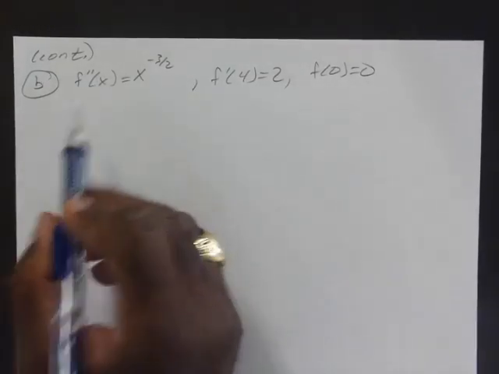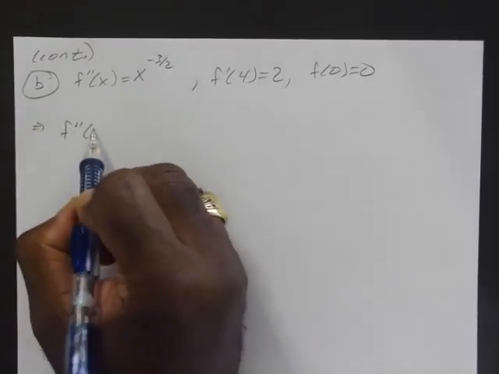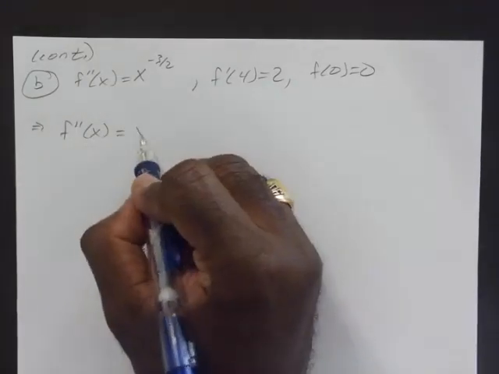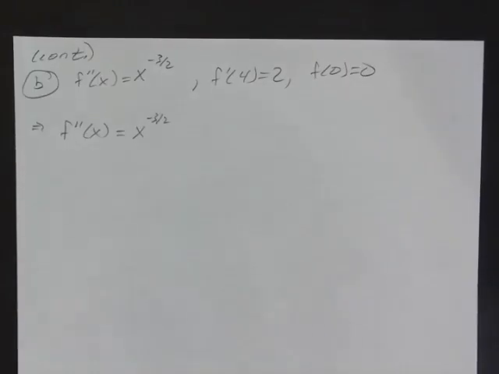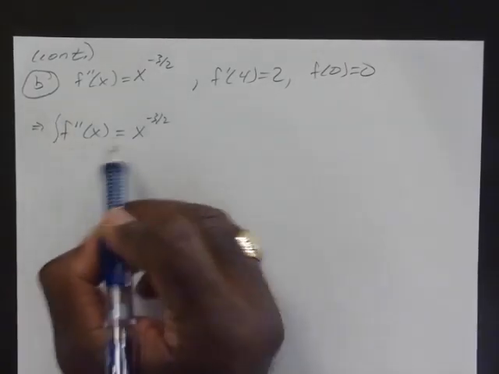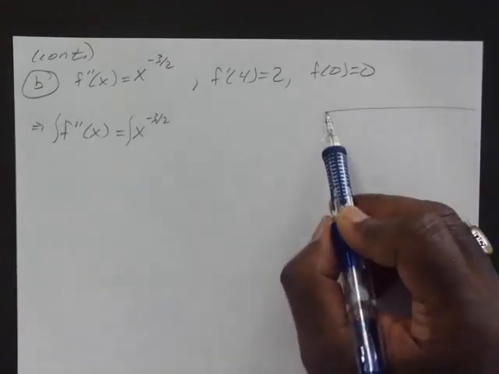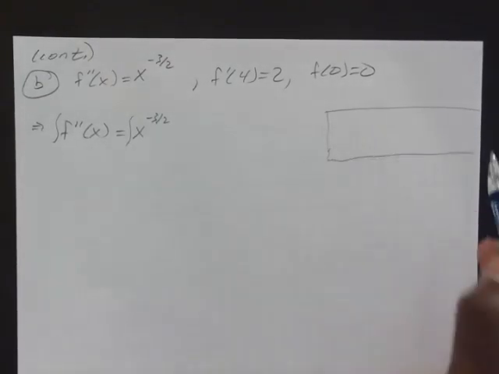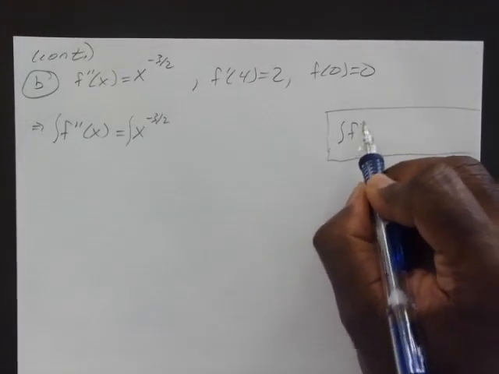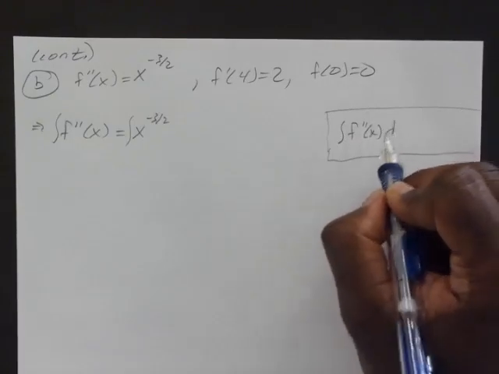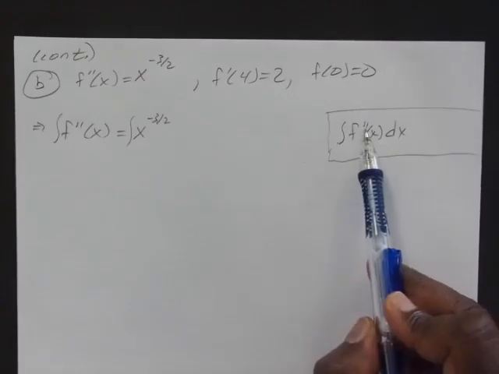Okay, so now, since we have the second derivative of x is equal to x to the negative 3/2 power, we're going to integrate both sides. With this one, what you have to remember is that if you have the antiderivative of a second derivative, that antiderivative only cancels out one of those derivatives.